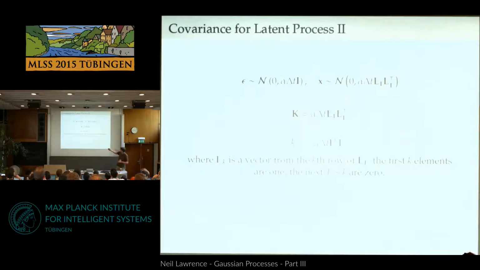Well, it now has this form: a vector from the ith row of L1, and then a vector from the jth row of L1. Now, because that's a lower triangular matrix, the first k elements of that vector are 1, and the next t minus k are 0.